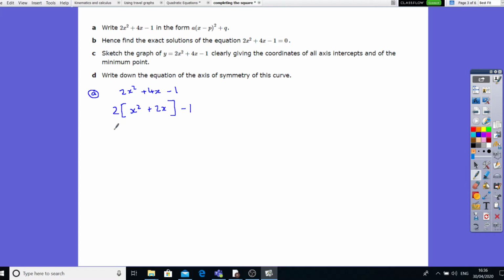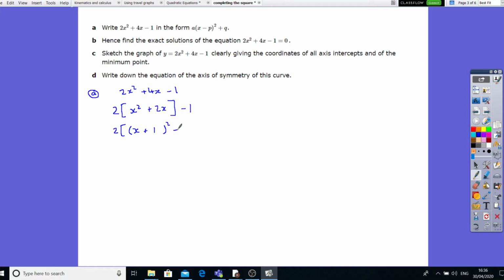Once we've got it in this form, we can now complete the square in the square bracket. First let's get the bracket with the square, and then complete it. The x goes in here, and half of 2x is just 1.